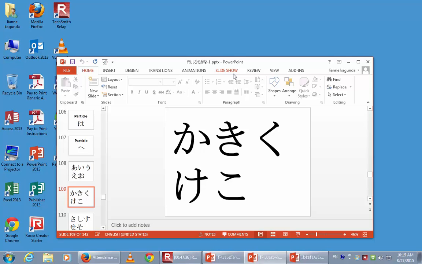Okaeri nasai. Do you remember okaeri? This is the more formal version of okaeri. So if you're coming home and saying tadaima, your family, your host family, whoever, could say okaeri or they could say okaeri nasai, either one.